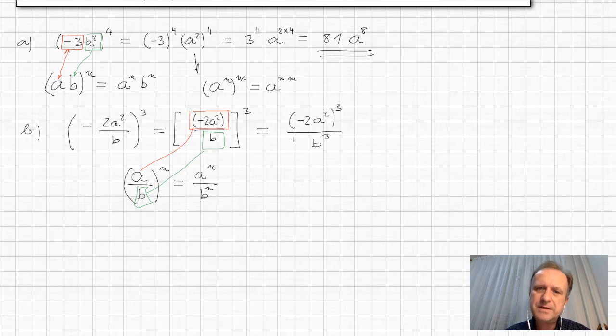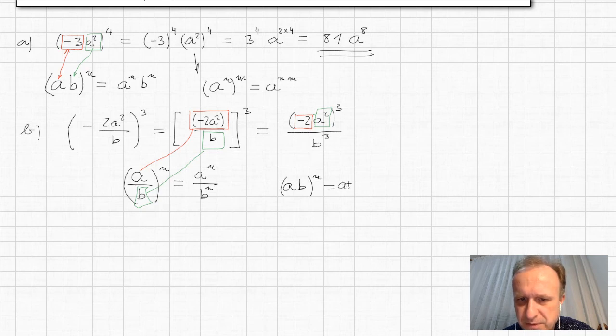And now we can continue further, because you see again you have to simplify this, but this is a product of two things. You have minus 2 as one factor and a squared as the second factor. So you can invoke the law that a times b to the power of n is a to the power of n times b to the power of n.